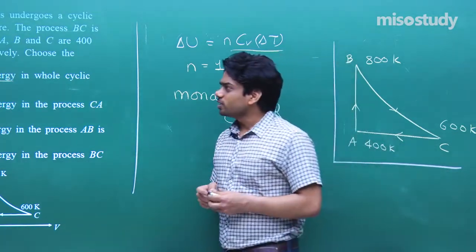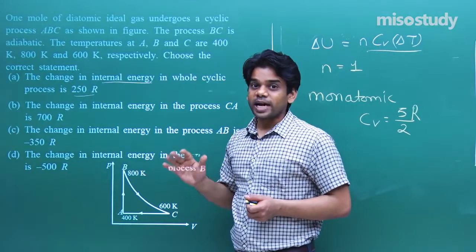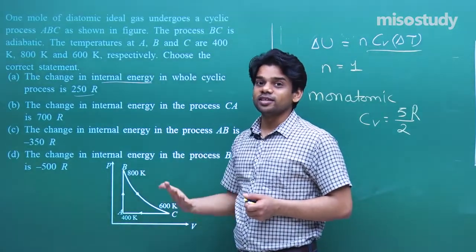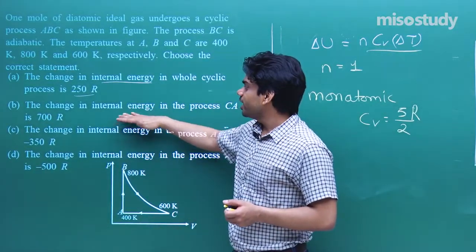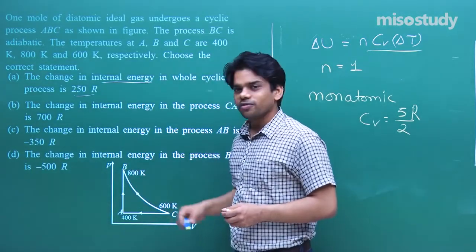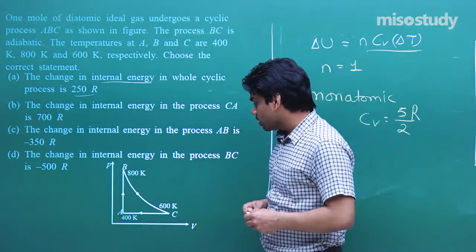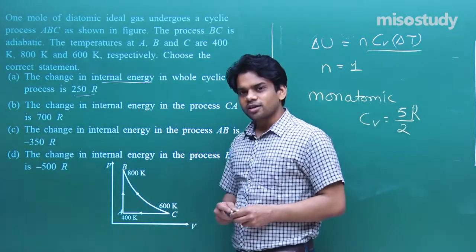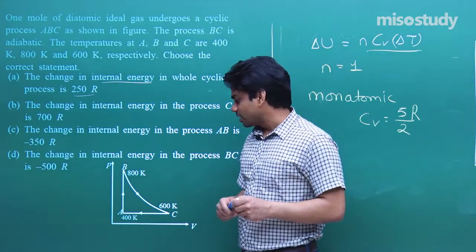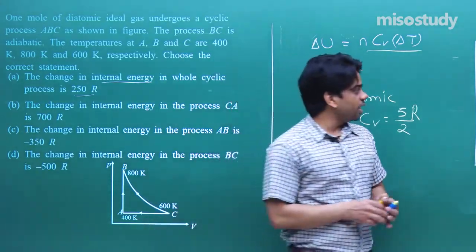Read the first option, the change in internal energy in whole cyclic process 250 R. For that we need to evaluate the individual change in internal energy. Before that, the change in internal energy in process C to A is 700 R. C to A we need to check. For C to A, the process is going through a constant pressure, so we can use directly nCv delta T, because delta T can be easily evaluated.